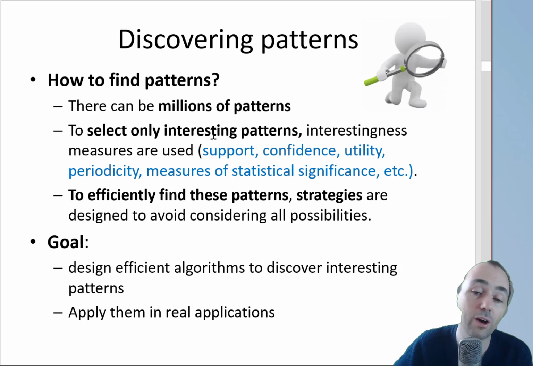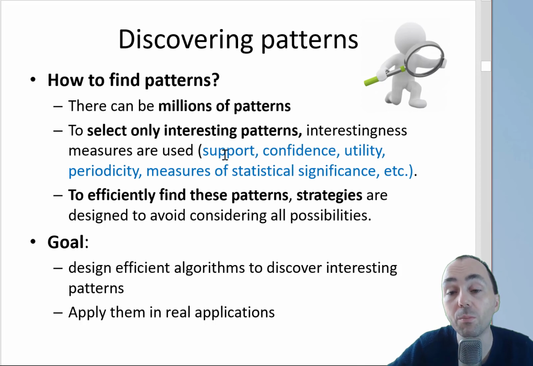So if we want to find the interesting patterns, we need to define what interesting means for us. For example, we could find patterns using some measures, like the support. Support means how many times. So you want to find what the people buy many times together. Or the utility.